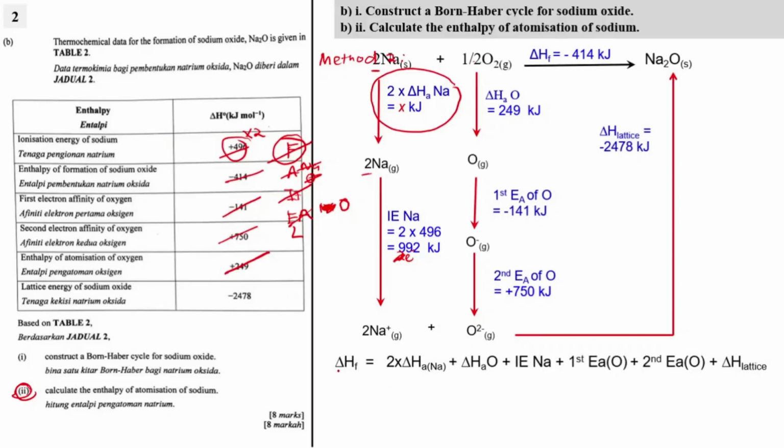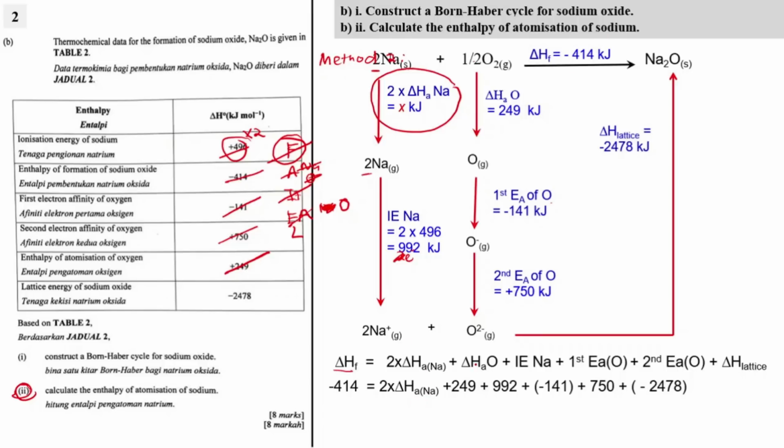So from here you're going to have delta HF equal to the addition of 2 HANa plus HAO plus IENa plus first electron affinity of oxygen plus second electron affinity of oxygen and then plus delta H lattice. Okay, so we're going to plug in the values here. Delta HF is equal to negative 414.